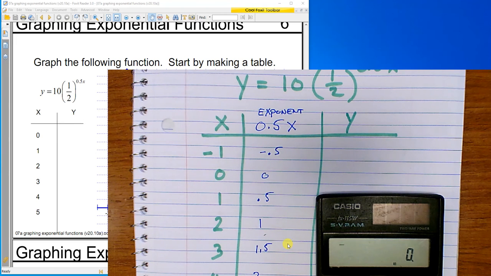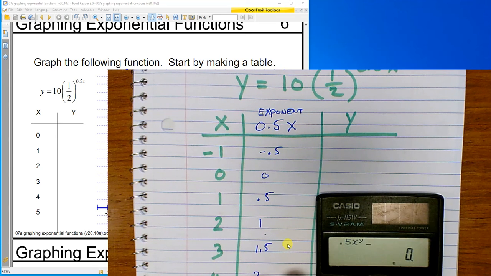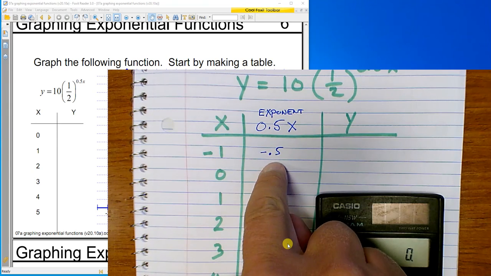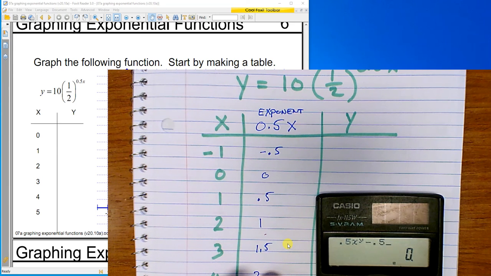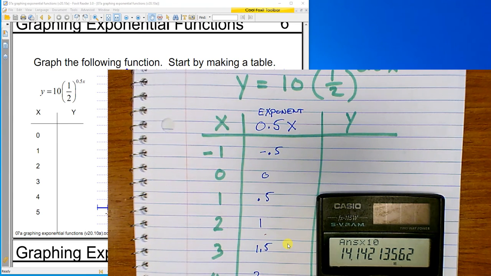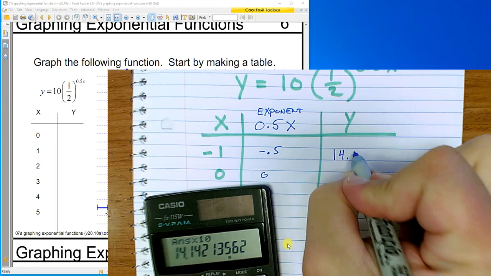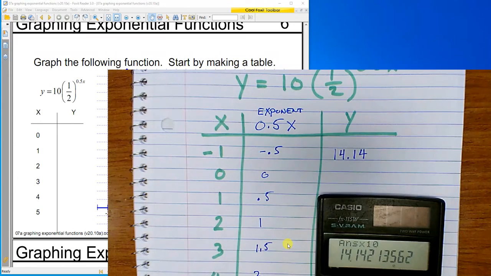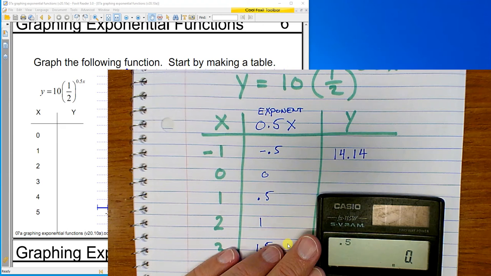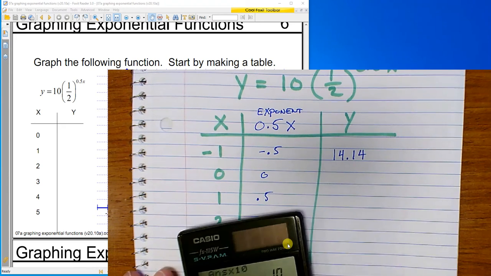Here we go. 1/2 raised to the -0.5 power equals that number times 10. 14.14. 1/2 raised to the 0 power, which I already know is going to be 1, times 10 is 10.